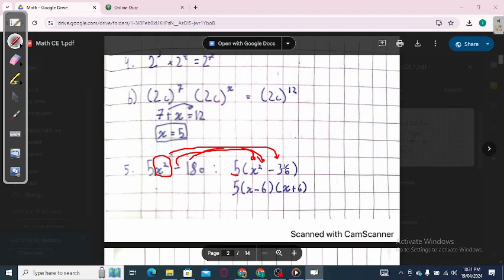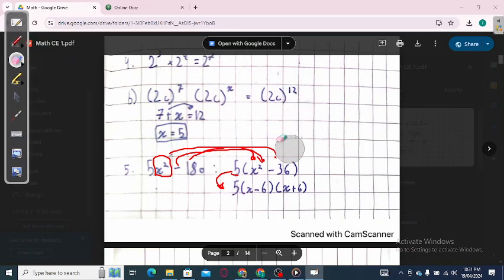180 divided by 5 is 36, okay? That's it. Now, they want you to express it as a product of two binomials. So, there's multiple rules you can apply here. Okay, so you can apply the difference of squares.